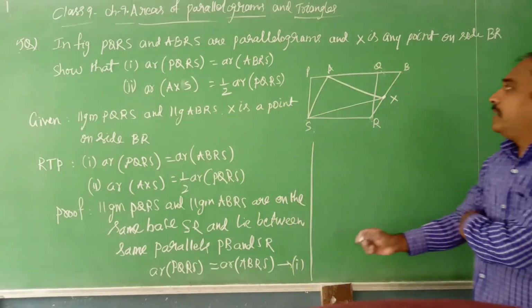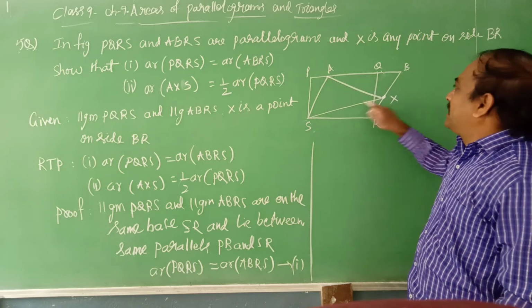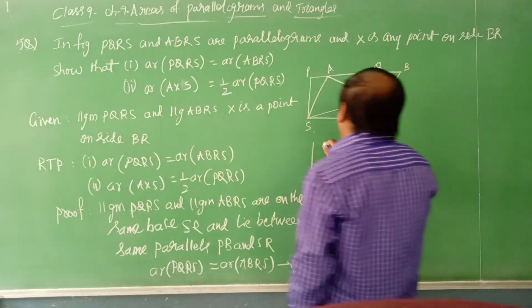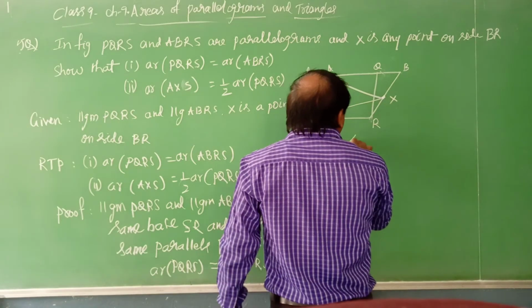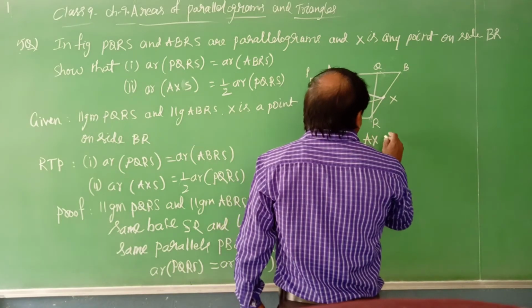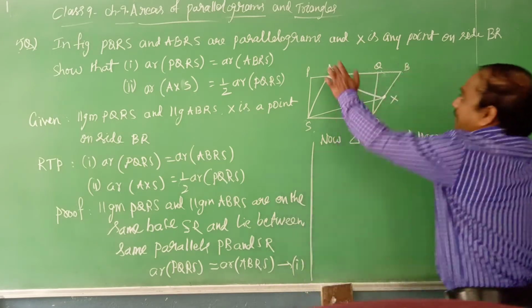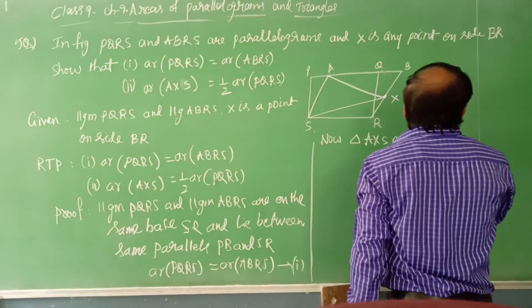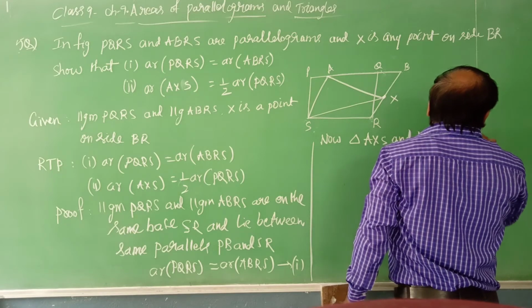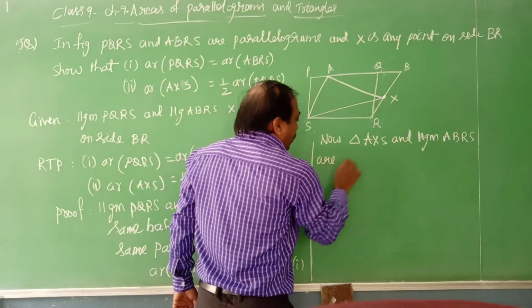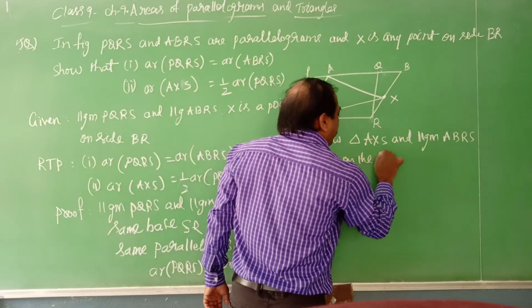Now you observe it. Triangle AXS and parallelogram ABRS are both on the same base.